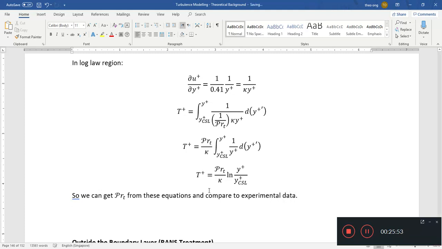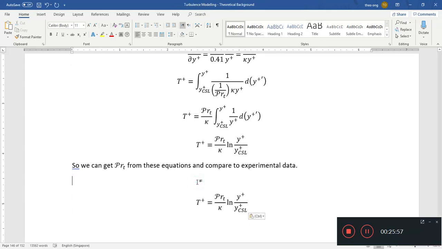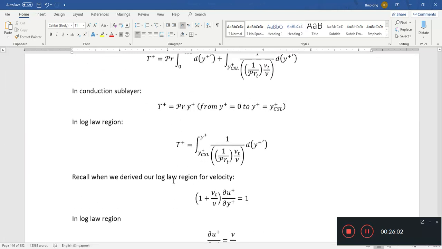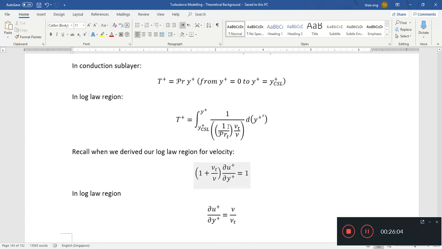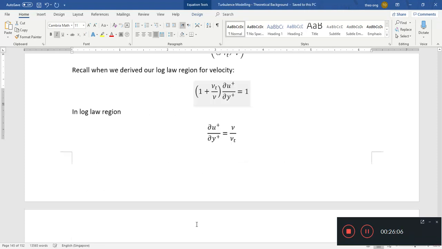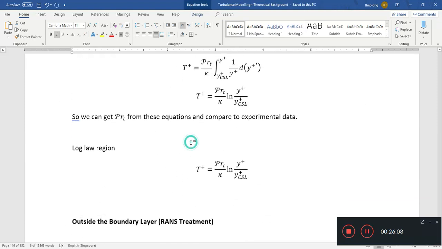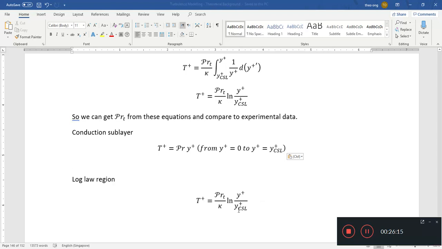This is for the log law region, and this is for the conduction sublayer. So that's how we got it.